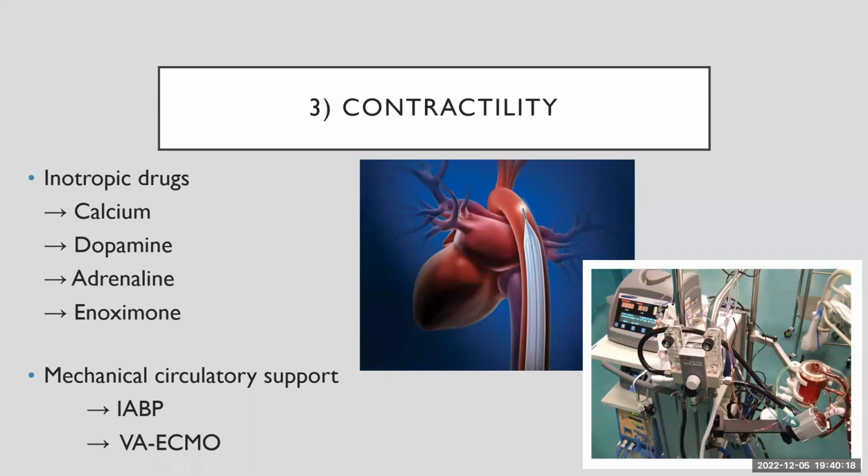Hemoglobin and cardiac output are the two key parameters. Optimizing those two things will allow optimal delivery of oxygen. And the means to achieve that we've discussed over the last period. And hopefully what I've shown you is that having a knowledge of cardiac physiology is essential to the management of these patients.